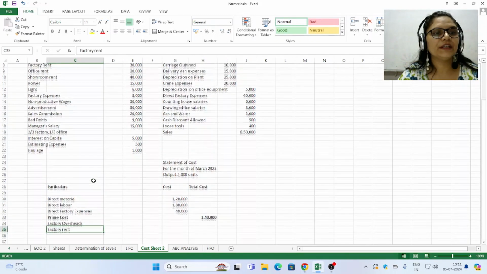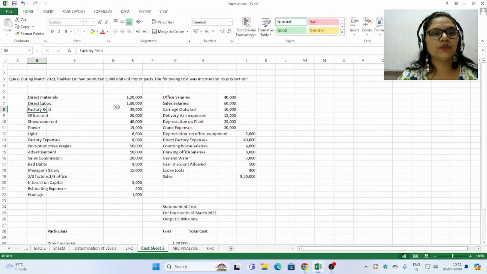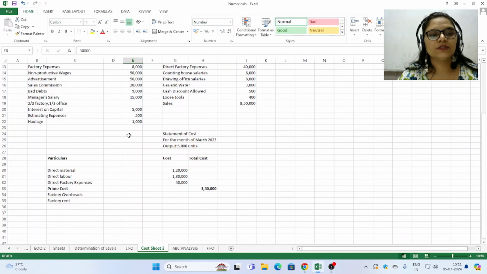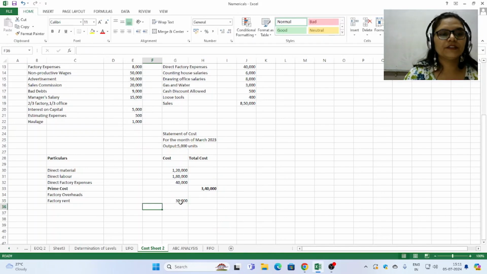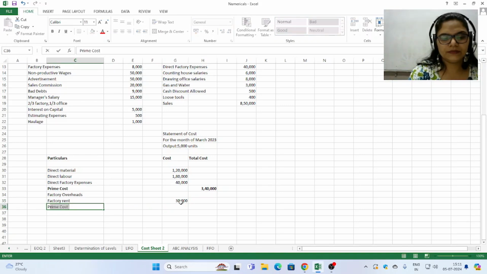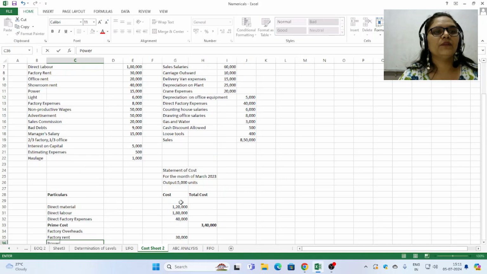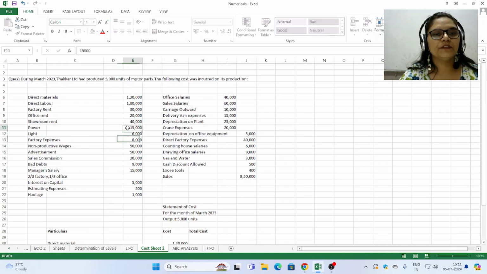First is factory rent, which we all know is 30,000. So we will write 30,000 in this particular column. After factory rent, we have power, which is given as 15,000.